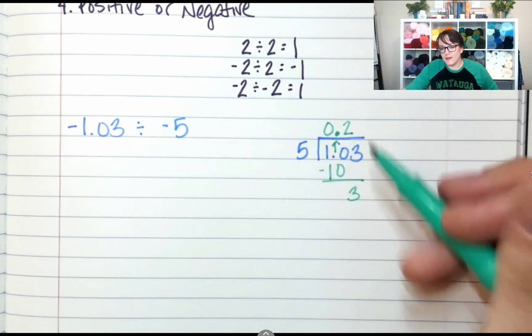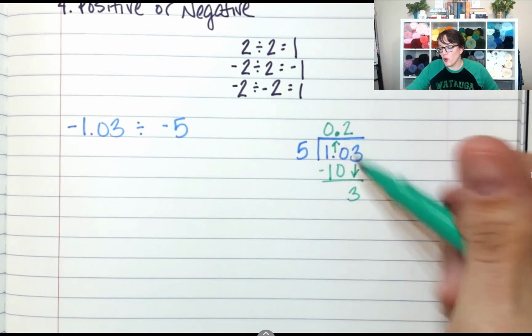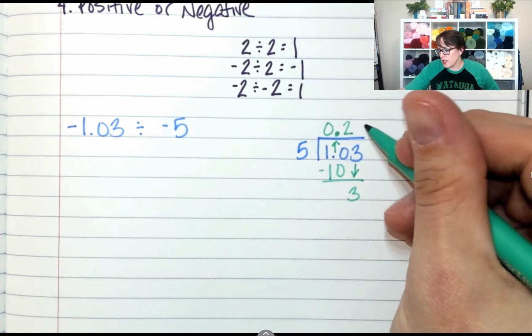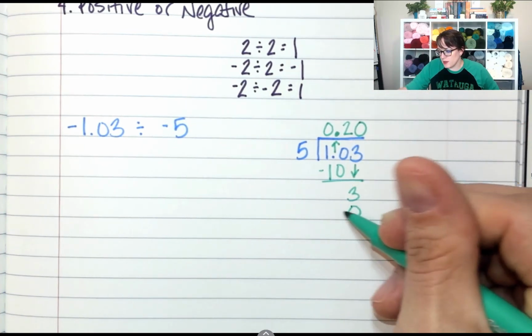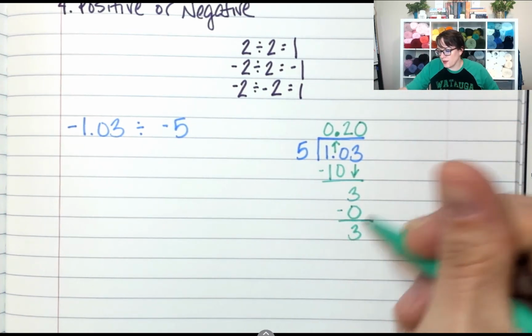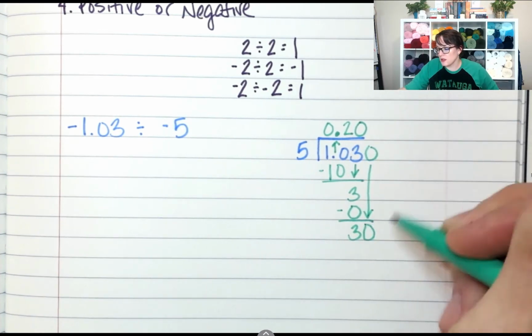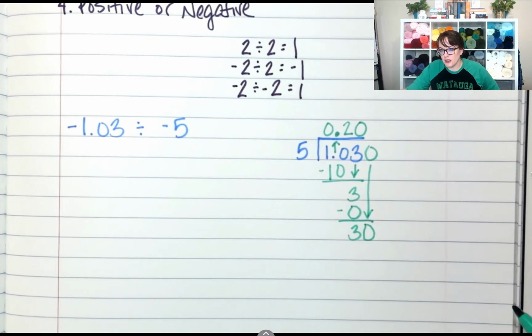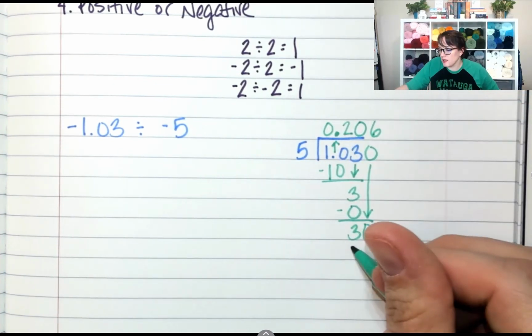Bring down the 3. Can 5 go into 3 though? No. So we have to put a 0 on top. That's 0. Subtract. Now 3. Now we add another 0. Bring it down. Can 5 go into 30? 6 times. 6 times 5 is 30.